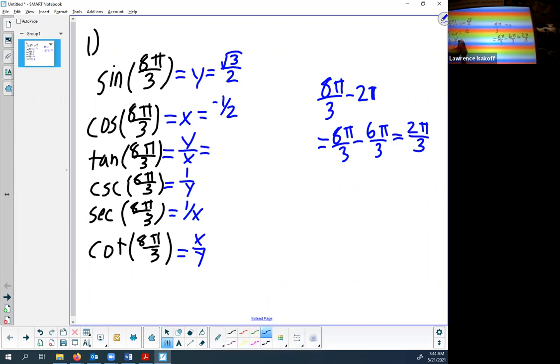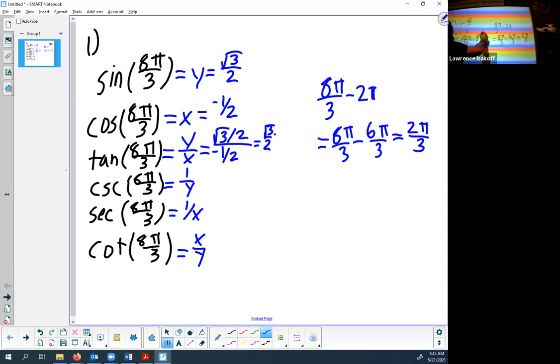So tangent is y over x. Sorry, let me write that a little neater. Root 3 over 2 divided by -1/2. Again, when I have that fraction as a denominator, I like to rewrite that as root 3 over 2 times the reciprocal of that.